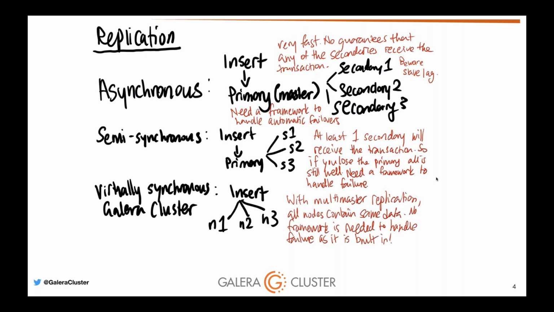There's also semi-synchronous replication, which is kind of what powers a huge chunk of the internet. That's where you insert something, it hits the primary, and then at least one secondary will receive said transaction.